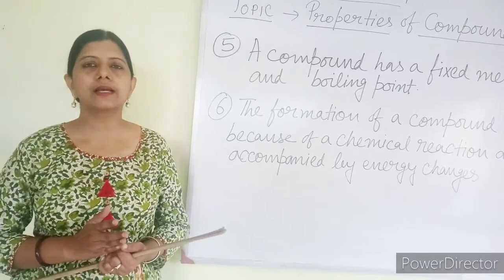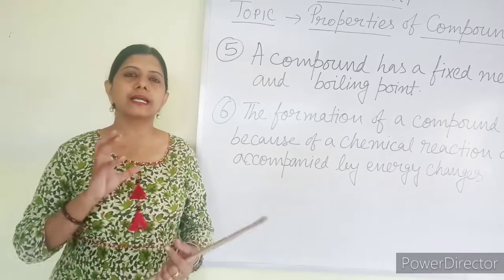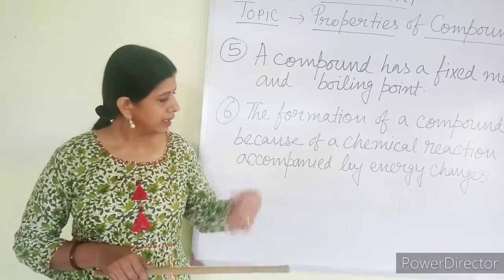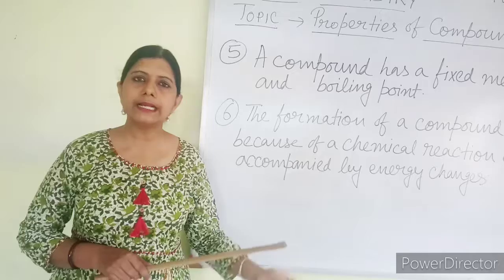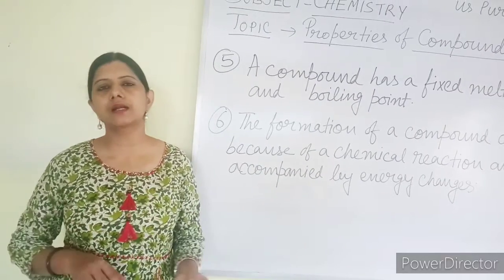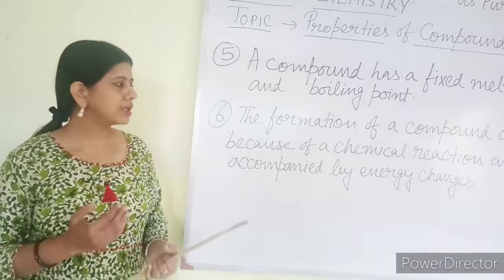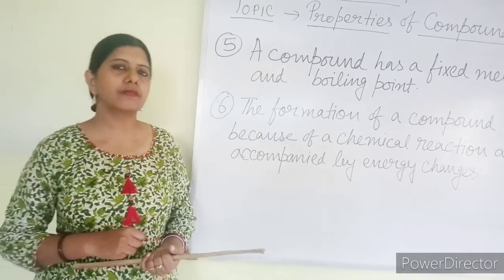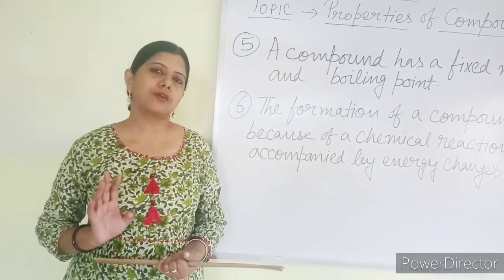Energy can neither be created nor destroyed, but energy changes occur during a chemical reaction in some form. Broadly it can be exothermic and endothermic, and after that more categories are also there. So exothermic and endothermic I have explained: exo means release of energy, endo means gain of energy.